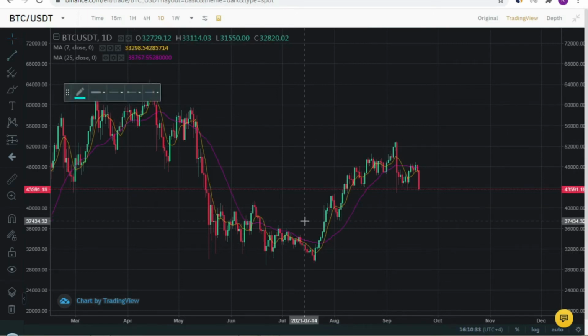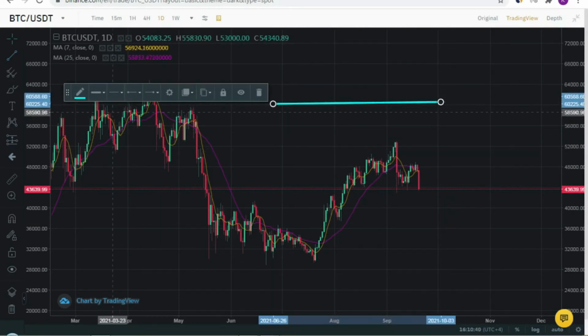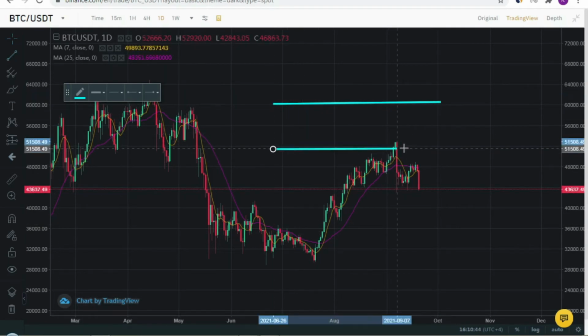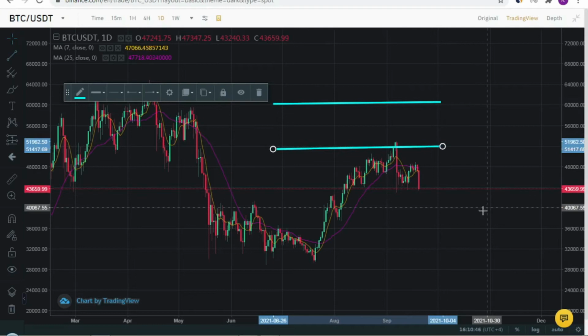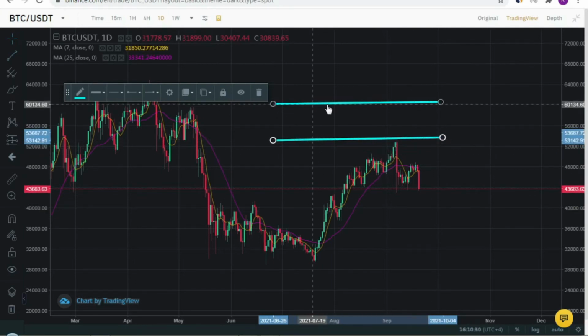Now, what you have to understand in crypto is that there are always two lines. This is one. This is another. In every market, there are always two places. This is our resistance line. This is our support line. What do these even mean?